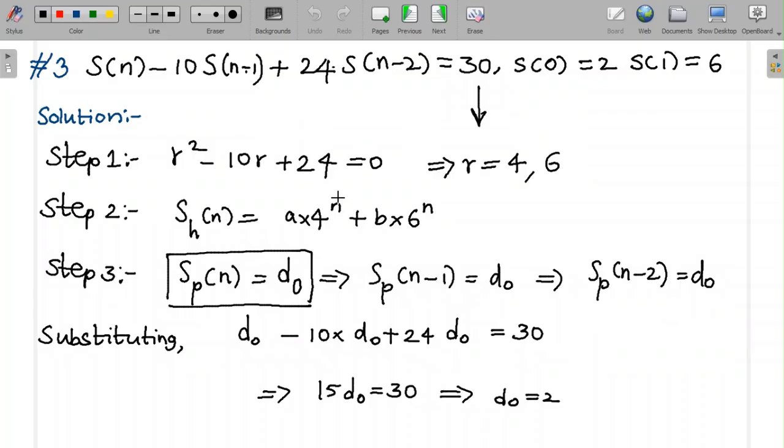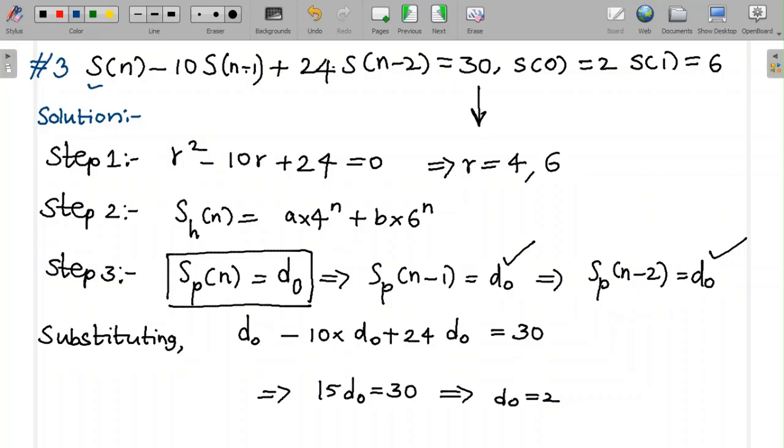Since Sp of n is d naught and it does not depend on n, Sp of n minus 1 will also be d naught because it's a constant function. Sp of n minus 2 will also be d naught, another constant function. So we use all of this in the given recurrence relation to find the value of this constant.